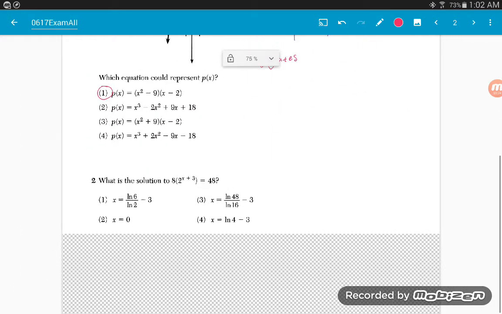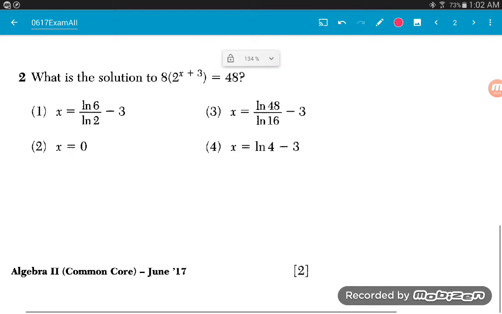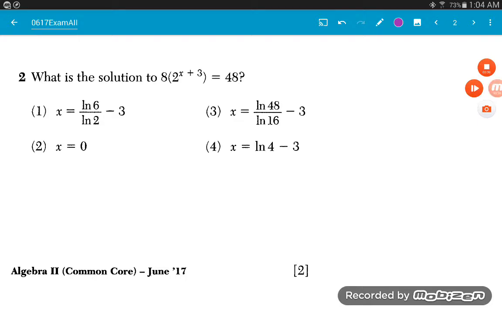All right, number 2. Okay, so for number 2, they're asking what is the solution? Solutions typically mean whatever the variable is, in this case x, they want you to get your answer to be x equals. Simple enough.